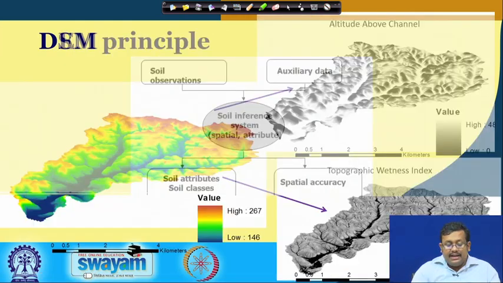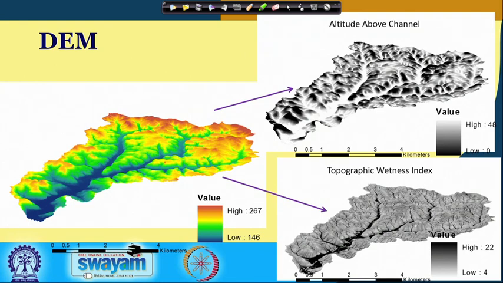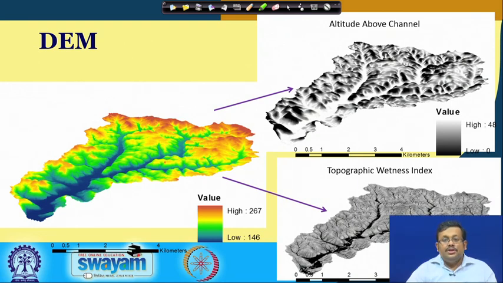Let us go ahead and see what a digital elevation model is. Now, a digital elevation model is basically a 3D representation of any soil surface, and it is available in raster format. Any digital elevation model for a particular area contains thousands and thousands of grids, and each grid contains some value which may represent the elevation of that particular point.